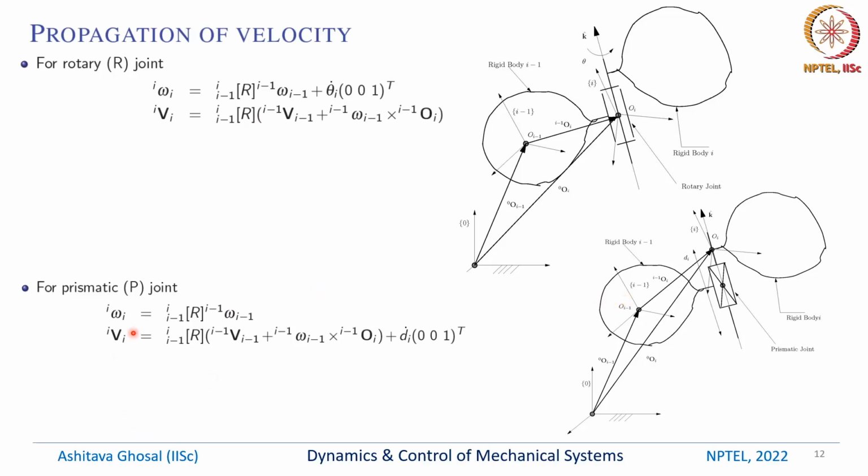And similarly, the linear velocity of this rigid body I described in the ith coordinate system is nothing but the linear velocity of the previous rigid body plus omega cross r plus what is happening at this prismatic joint, which is di dot times 0, 0, 1.